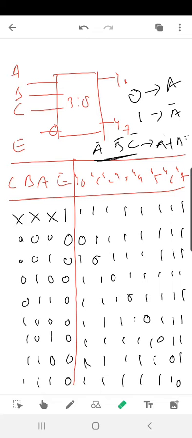For y0, the value of y0 is 0 when all the inputs are 0. So the expression for y0 will become a plus b plus c.